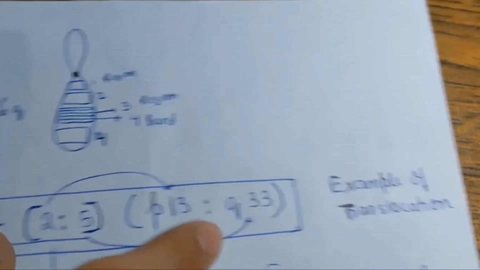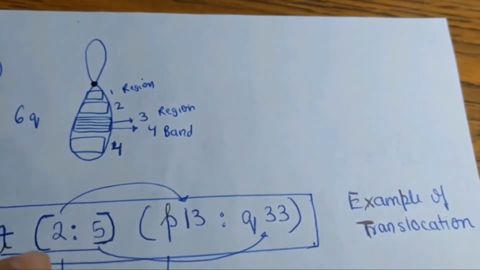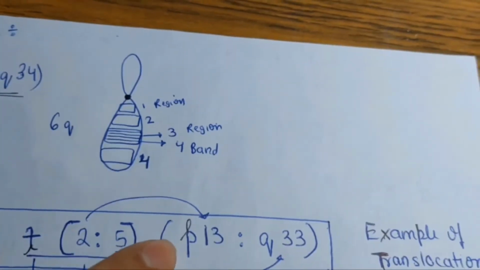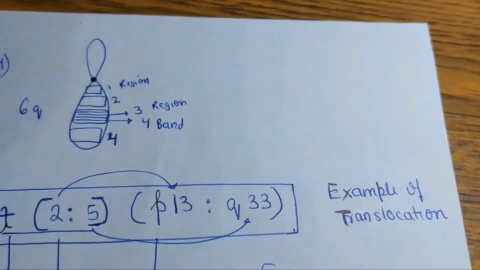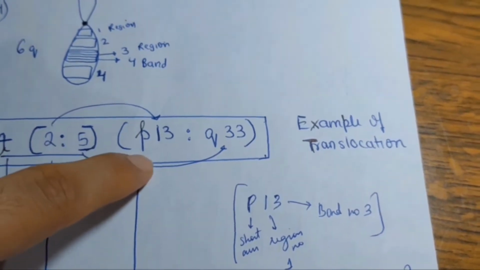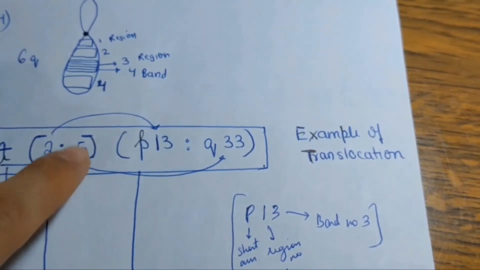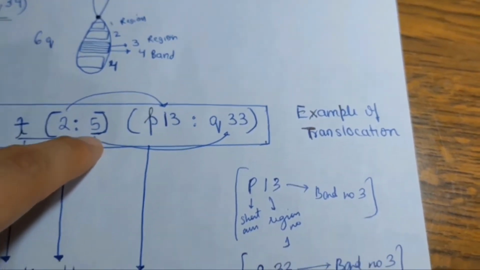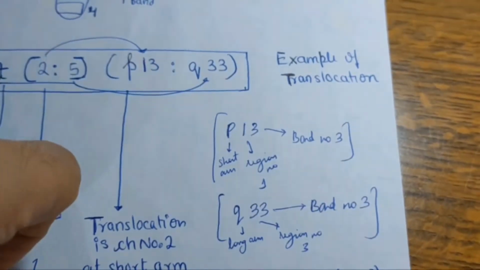This information tells us that the short arm, that is the P arm of chromosome number 2, has exchanged its material with the long arm of chromosome number 5. The chromosome number 2 short arm region number 1 band number 3 has been exchanged with the chromosome number 5 long arm region number 3 band number 3.